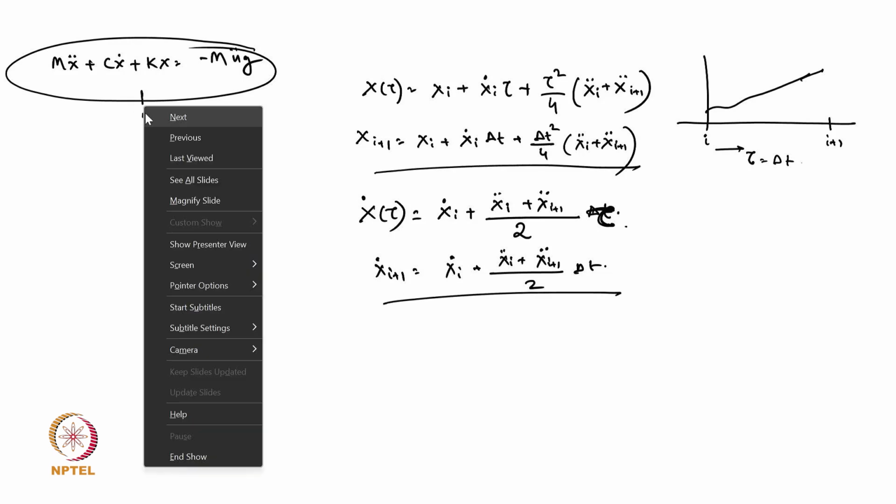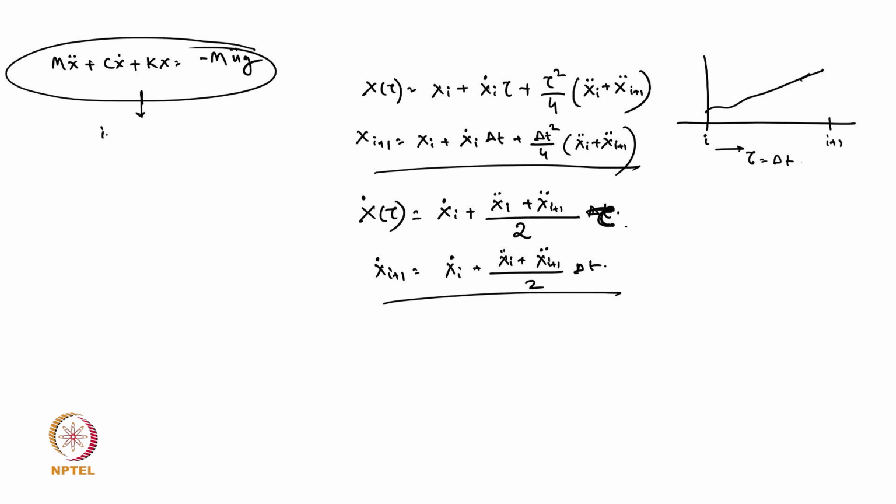Now if I write this equation for the I plus 1th step, what can we get? M xi plus 1 double dot, c, make sense? Any doubt? Very good. Now what should we substitute? This guy.